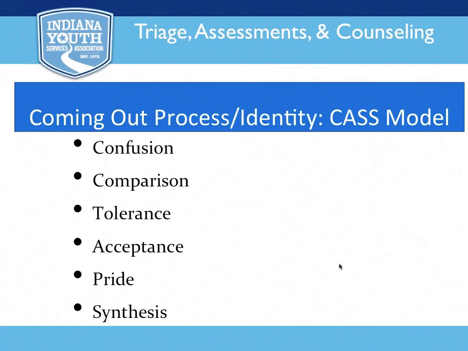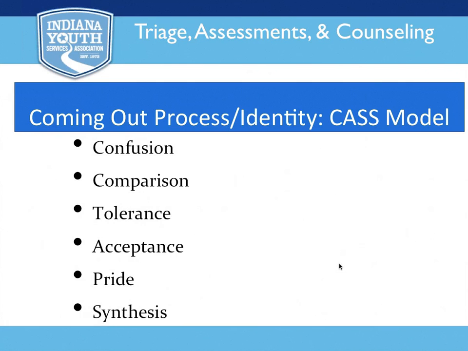I mentioned this before in terms of their readiness, but again, specific to triage assessment and counseling, the counseling component, understanding where they are in the coming out process. One model that is used to look at the coming out process is the Cass model. It's not the model that I'm most familiar with, but it does mirror a lot of other models around coming out.